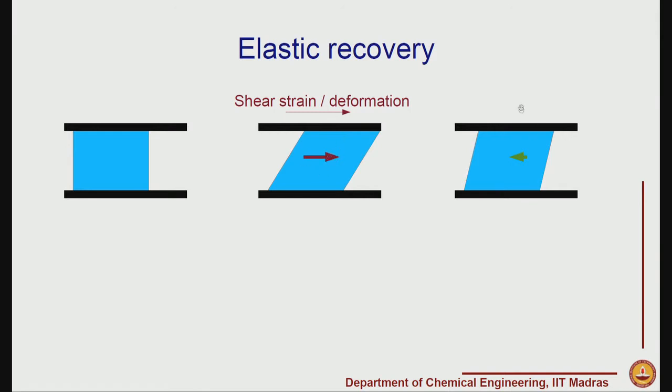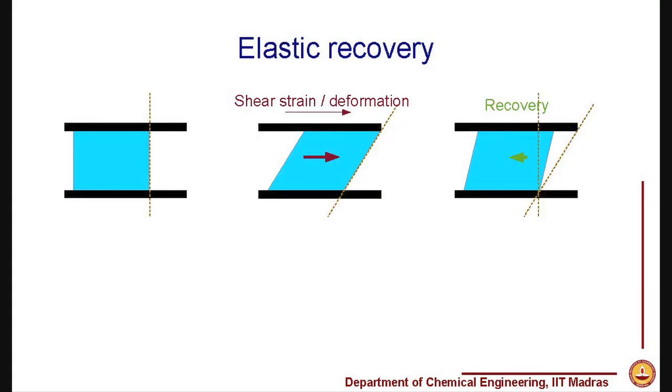On the other hand, for a non-Newtonian colloidal dispersion or a non-Newtonian macromolecular melt, there will be a partial recovery, in which case the deformation will be recovered to a small extent, and how much will depend on the amount of elastic recovery that the fluid can have. So, there is a recovery possible in the materials which we are going to study in this course.